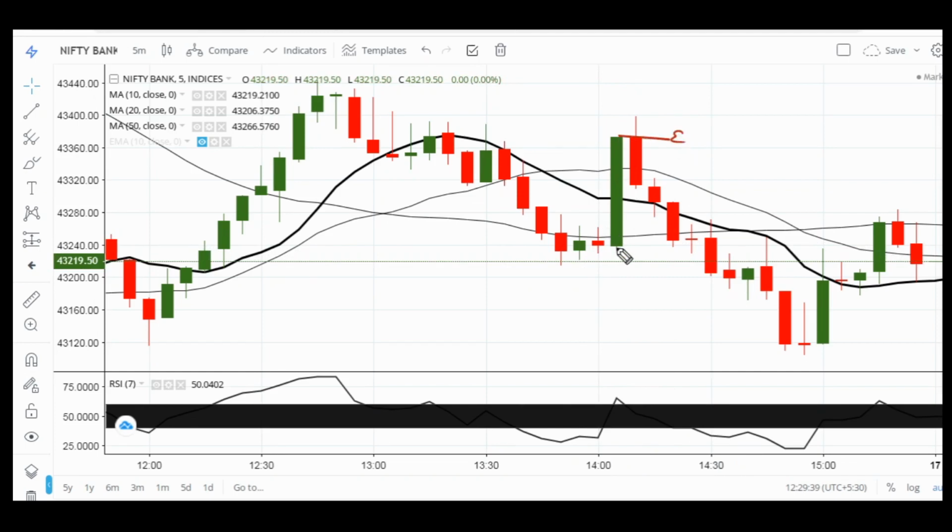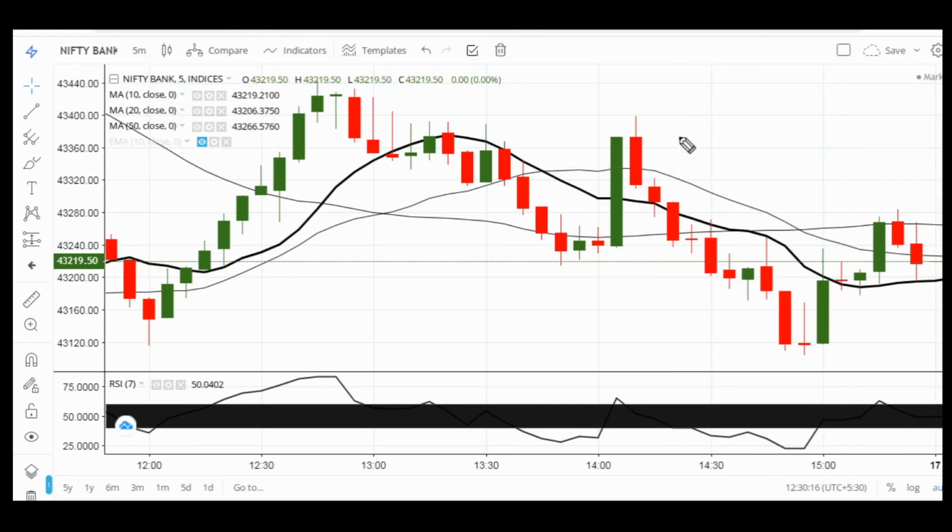So the lowest low value of these two, this is our SL and it got hit here. At the same time the SMA condition also fulfilled. We closed below this SMA 10. So in this way you can modify the condition.